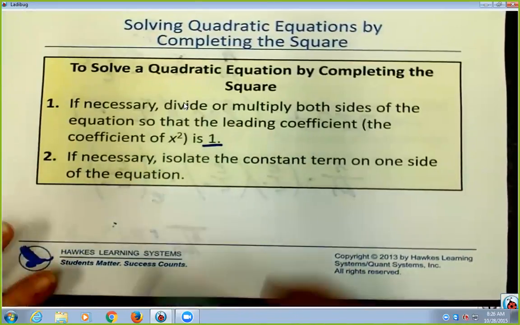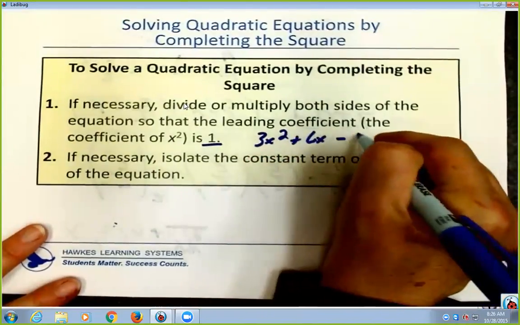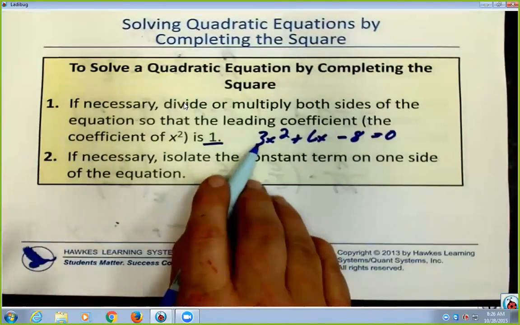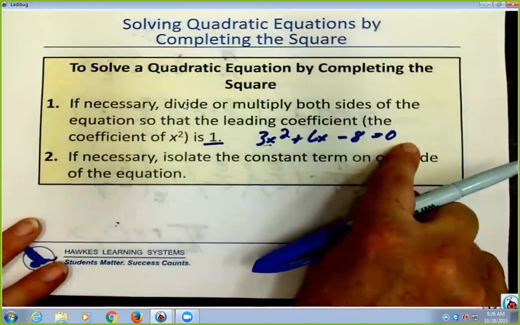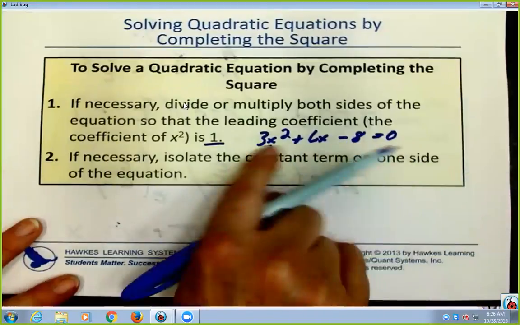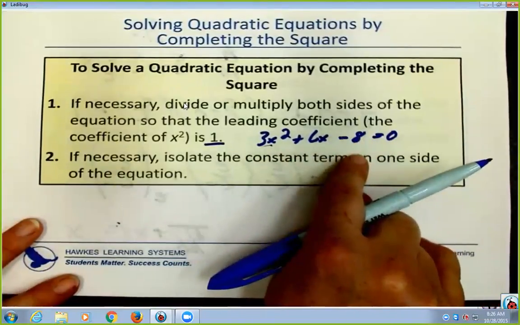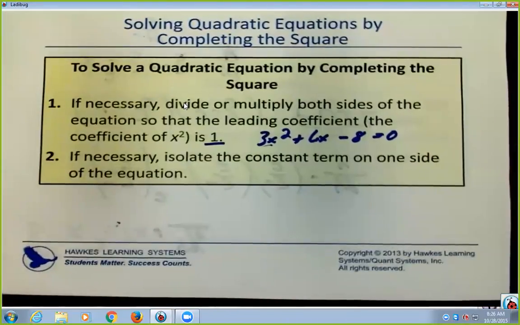So if I had 3x squared plus 6x minus 8 equals 0, in order to complete the square, I would have to divide every piece in here by 3, okay? Every piece, including the 8. So I'm going to end up with 8/3 in here, so don't be alarmed if you get fractions, because they do pop up in here, okay? So they are part of what does take place.